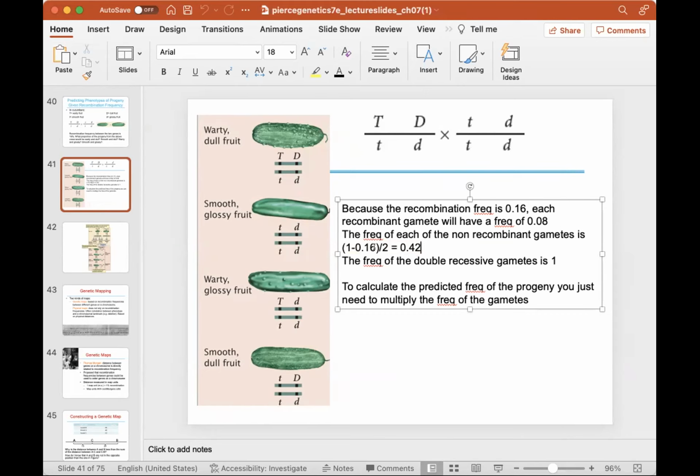That 1 minus 0.16 gives us the total frequency of our non-recombinants, for T plus D. And because it's for T and D, we have to divide by 2 to get the non-recombinant frequency of just our T's or just our D's.